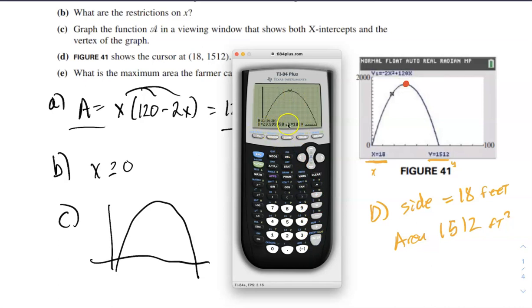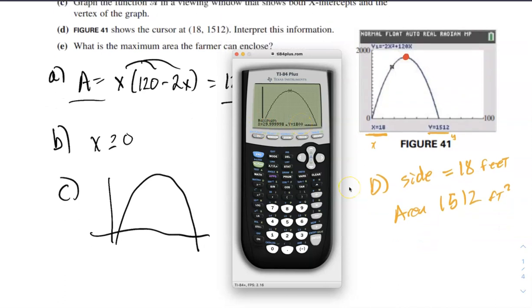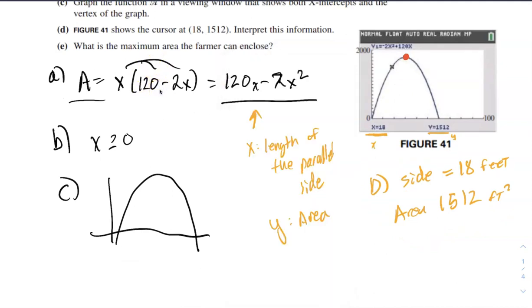Right, if you round 30, x is 30 at 1800 feet squared, which is higher than this one. So what's the max area the farmer can enclose? If we're doing E, max area would be 1800 feet squared.